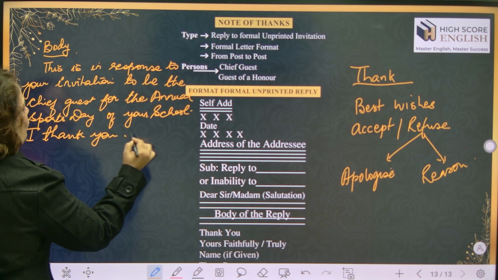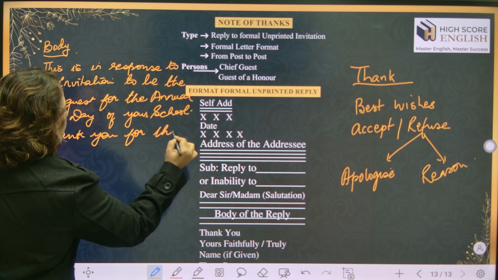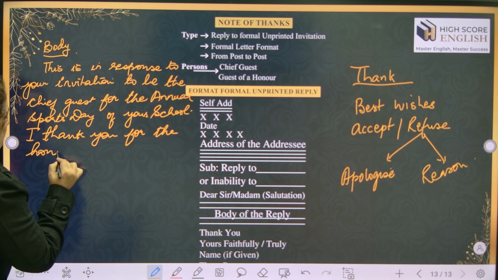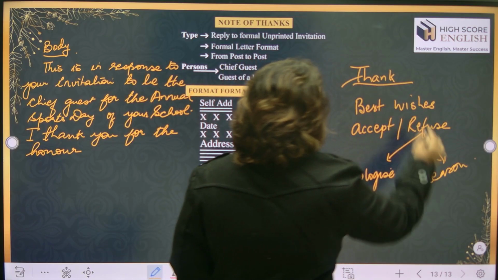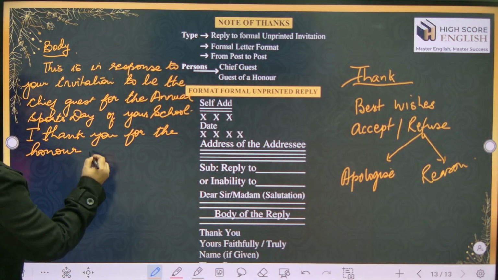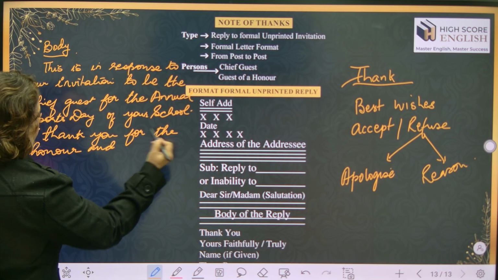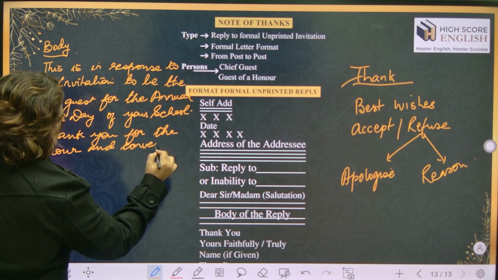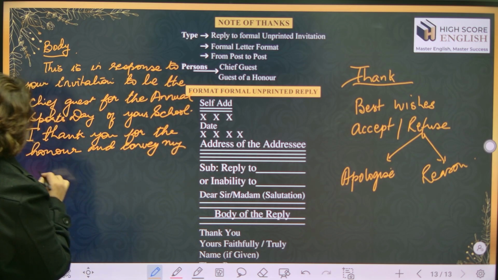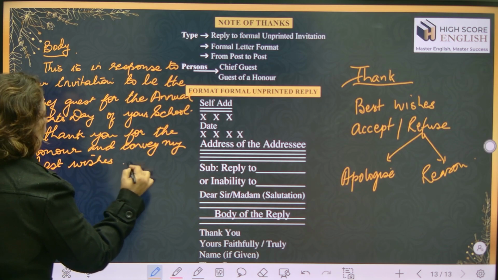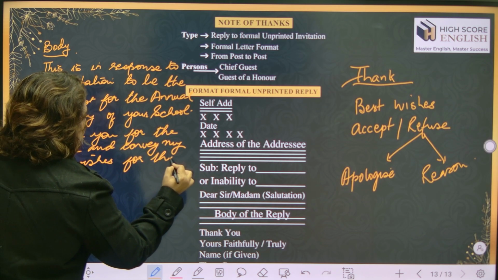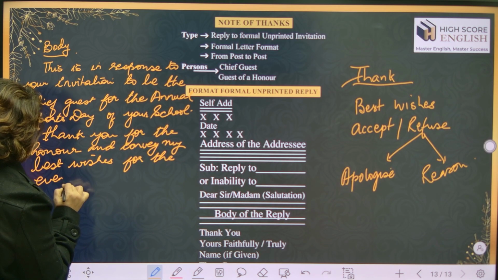So you have thanked. Fine. And convey my best wishes for the event. Very simple.